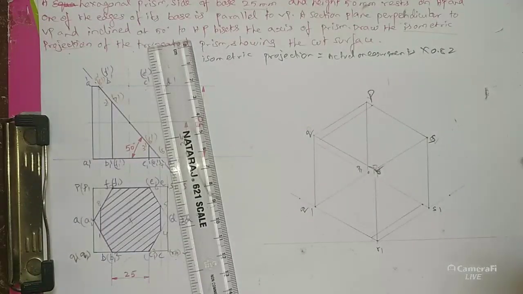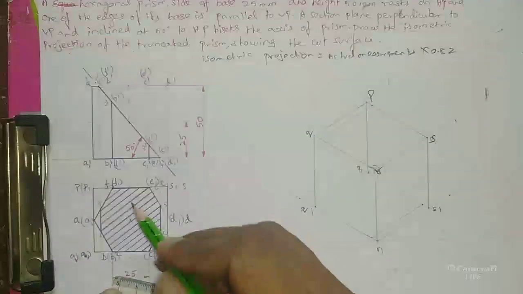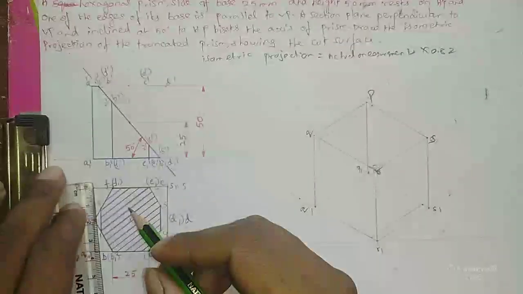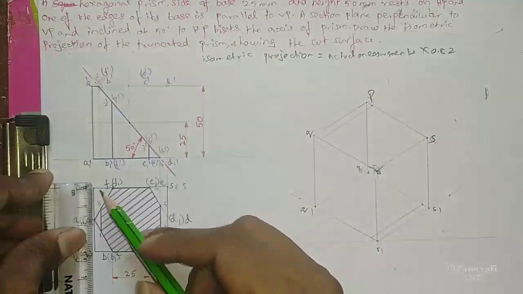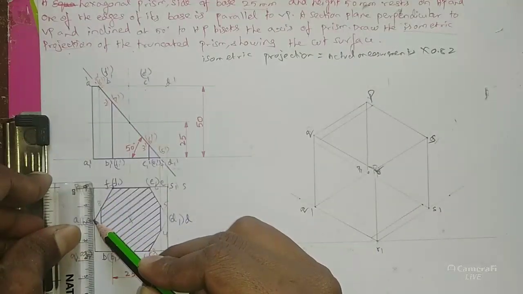Now we have to mark the points. Before that, we have to sketch the hexagon here. So let me start with point A. A1 lies in between for A here. So this measurement is exactly 1.8.